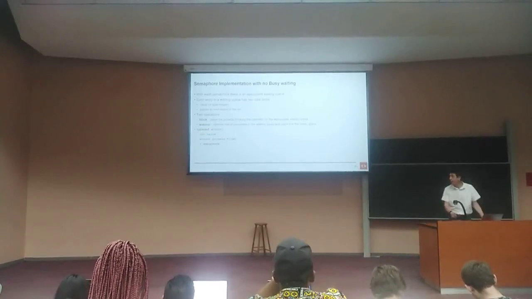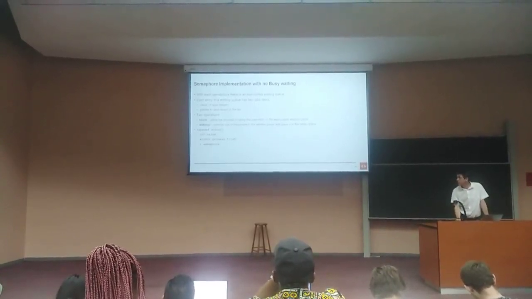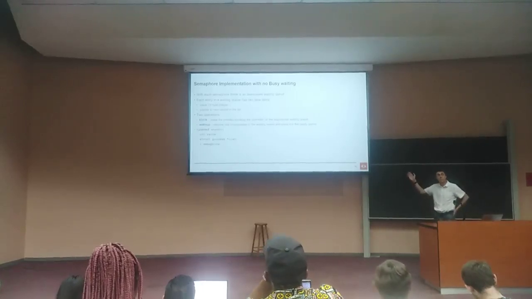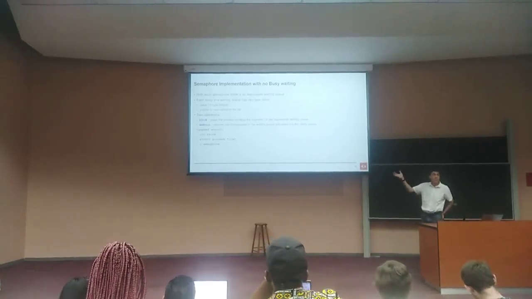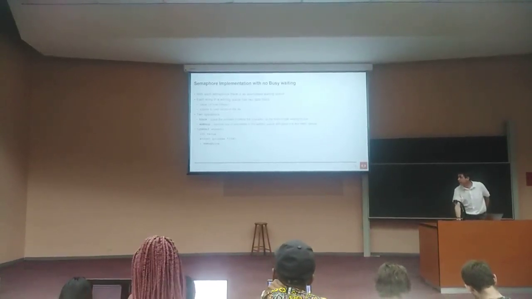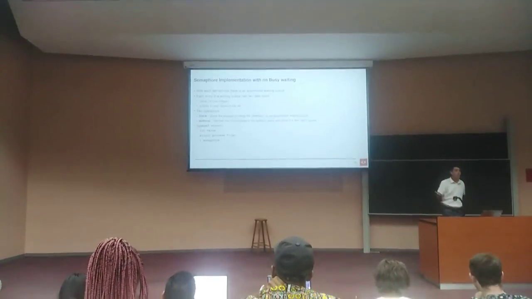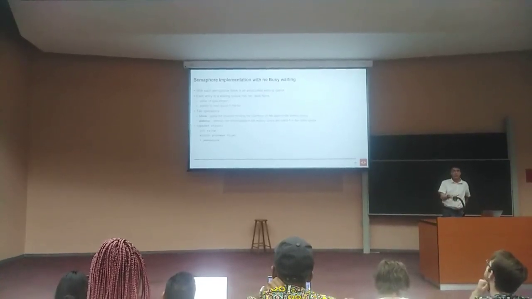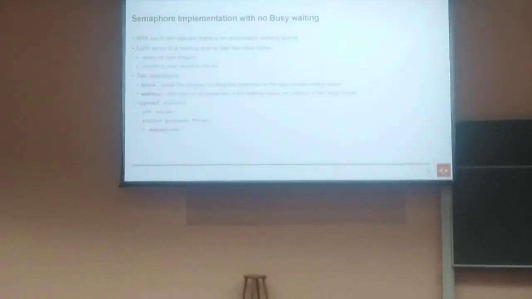So this semaphore has the following structure. To take note of the structure, this is a typical C++ structure that describes this type of semaphore. The first thing is, just like all the other semaphores, it has a value. And if the value is negative or a 0, then the process has to go to sleep.